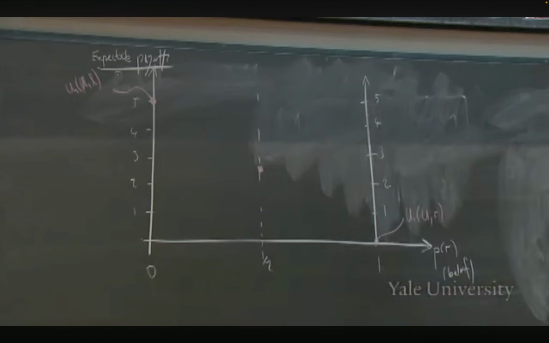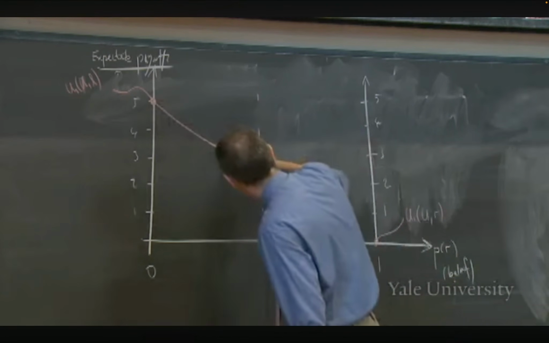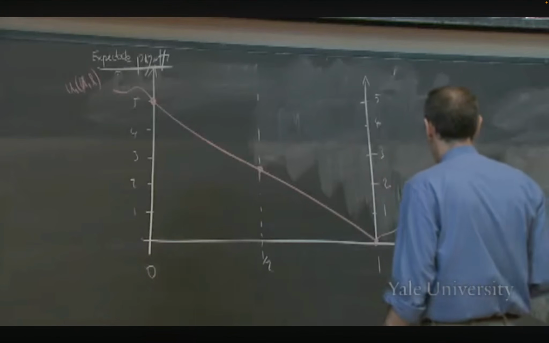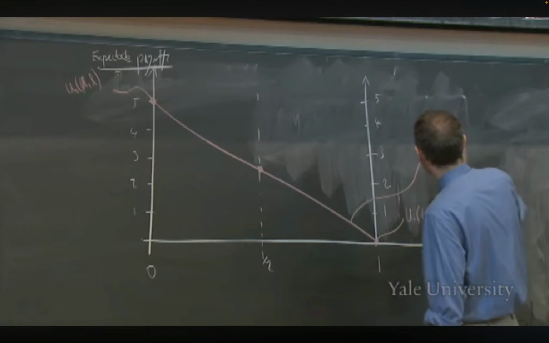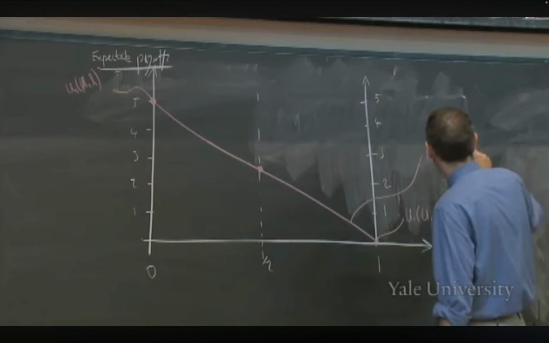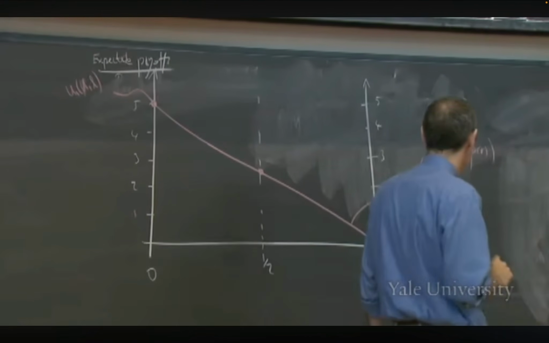What is this graph going to look like other than these 3 points? It's going to be a straight line. You can confirm that for yourself at home, but if I draw a straight line, this will actually be correct. This is my expected payoff from choosing up against the probability of the other person choosing right.